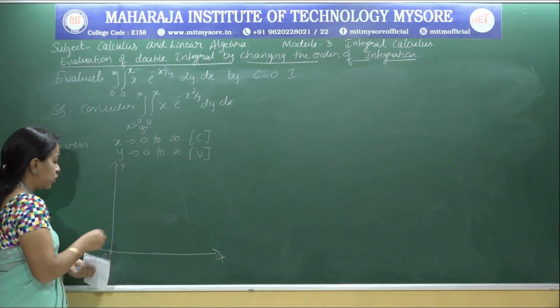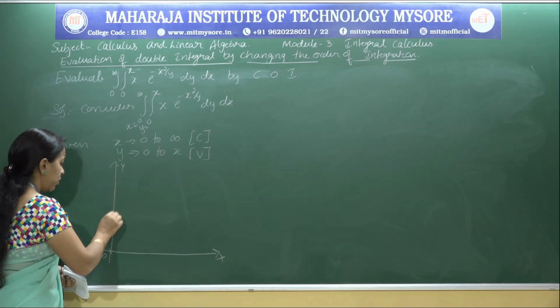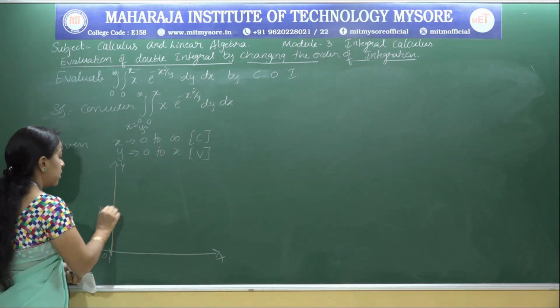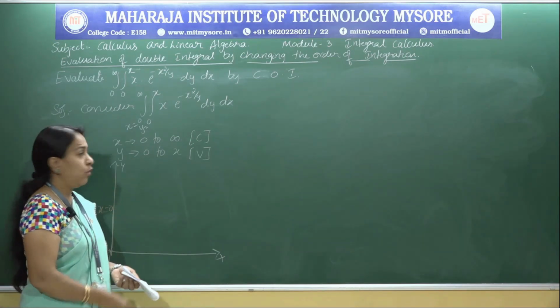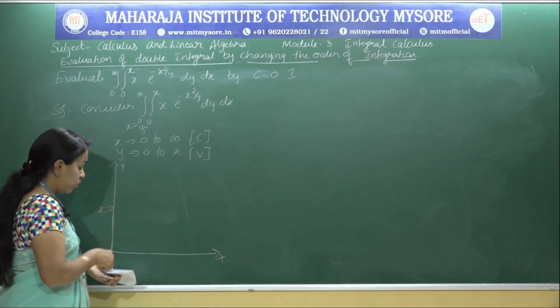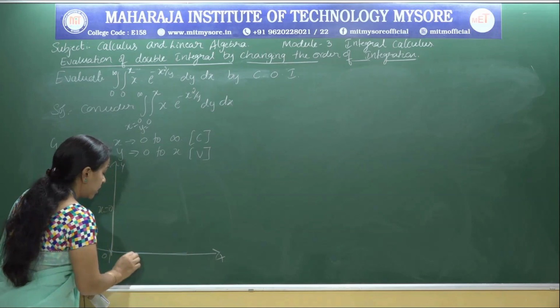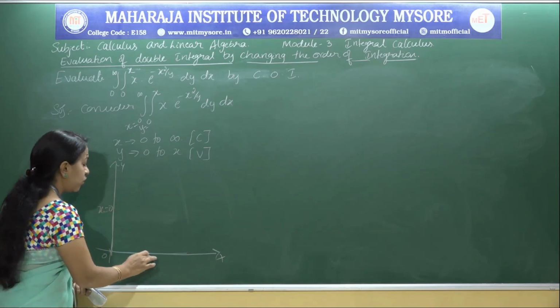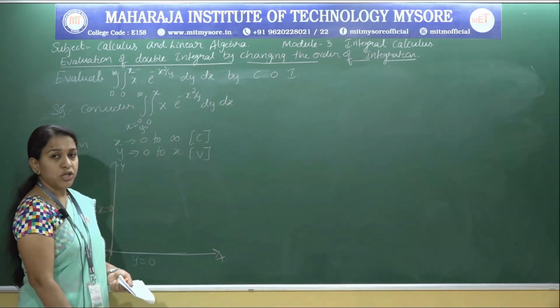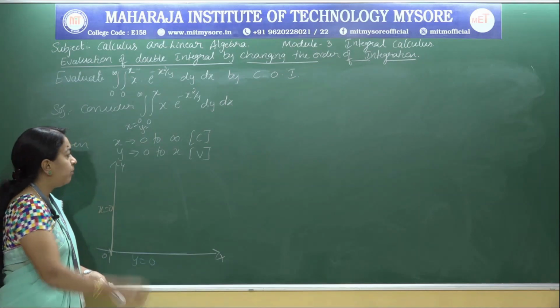We have x equal to 0. We know that x equal to 0 is the y axis because on the y axis x is 0. Then y equal to 0, that is the equation of the x axis, because on the x axis y equals 0.